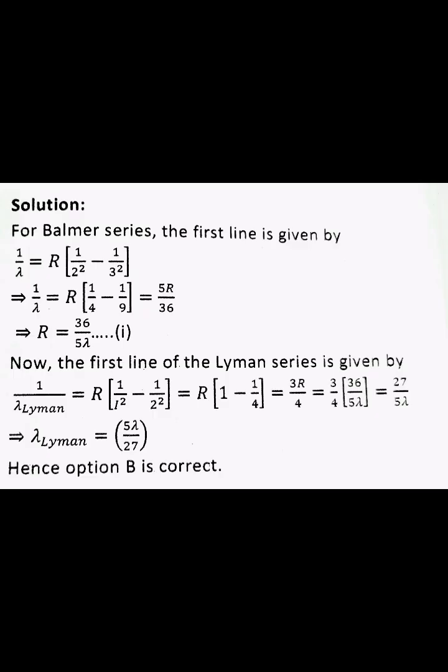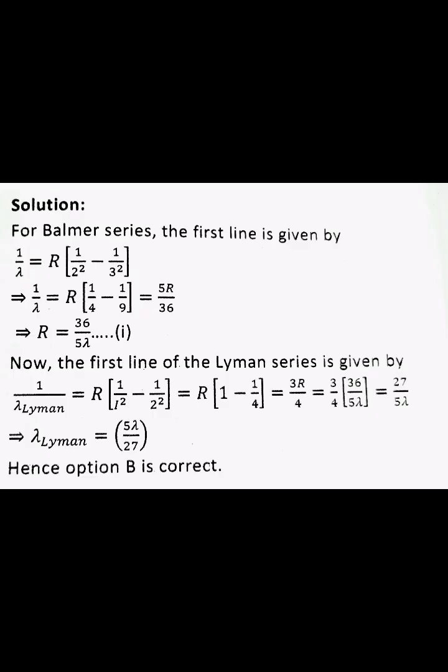Therefore, R, that means the Rydberg's constant, is equal to 36 divided by 5 lambda. This is equation number 1. And for the first line of Lyman series, Ni is equal to 2 and Nf is equal to 1. Therefore, 1 by lambda is equal to R into 1 by 1 square minus 1 by 2 square, and this is equal to R into 1 minus 1 by 4, that is, it is equal to 3R by 4.